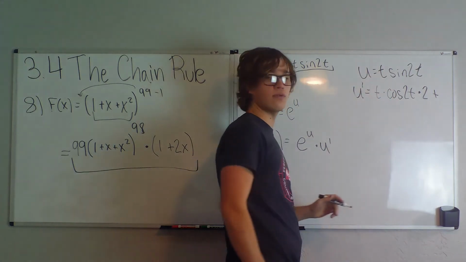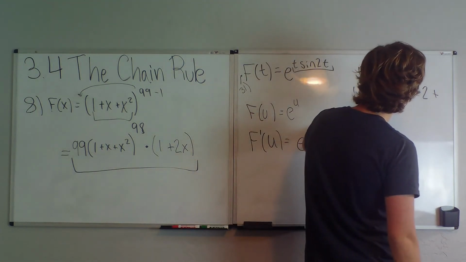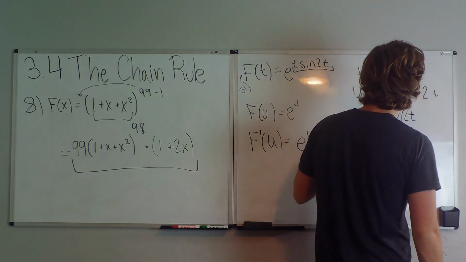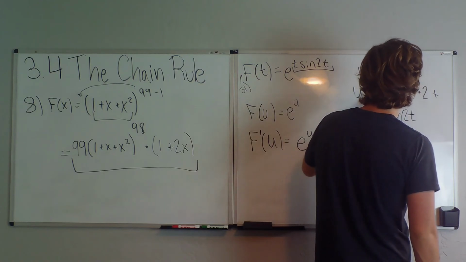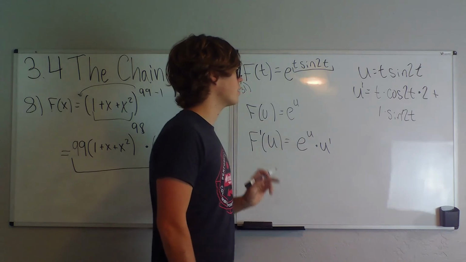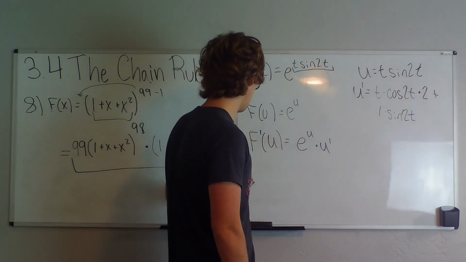And then now we add last d first. Well, what's the derivative of t? 1. And then it's just 1 times sine 2t. So then we get that our u prime is equal to 2t cosine 2t plus sine 2t. And then we can just write it all out, plug in our u's and u primes.